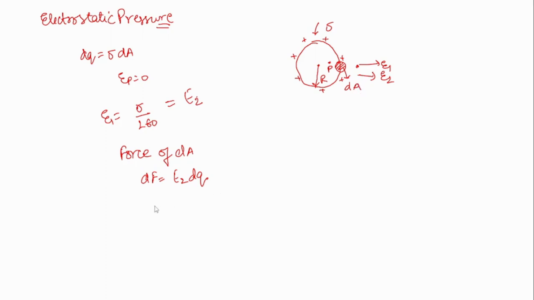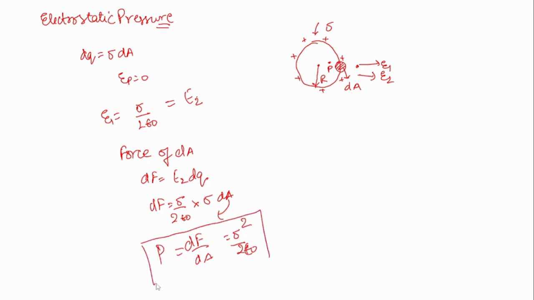So dF will be sigma upon 2 epsilon naught into dq, and dq can be written as sigma into dA. From here, if you move dA to this side, dF by dA is nothing but the electrostatic pressure.